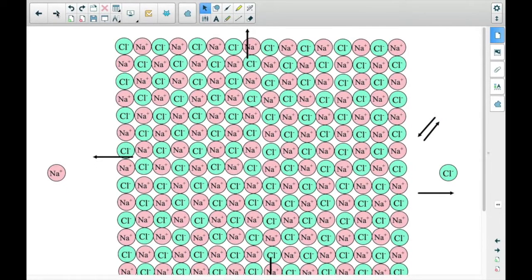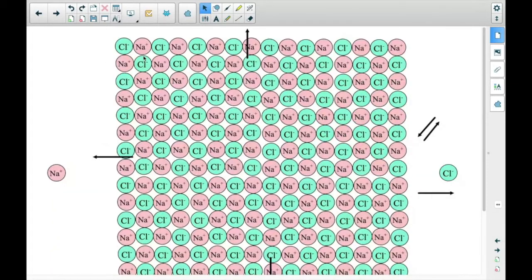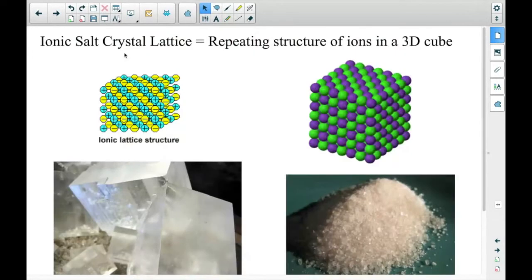And that is what we see when you have a little grain of salt. A little teeny tiny grain of salt is this structure right here, repeating over billions and billions of times. This repeating structure has a few names. It is called a crystal lattice. You could also call it an ionic salt.